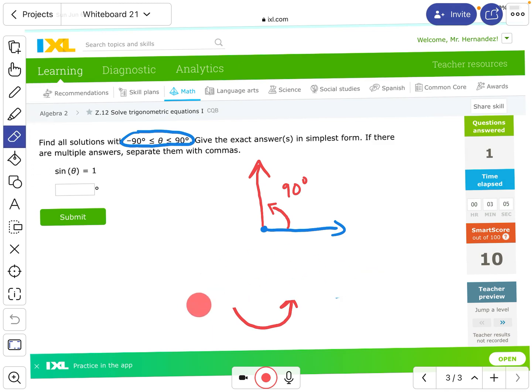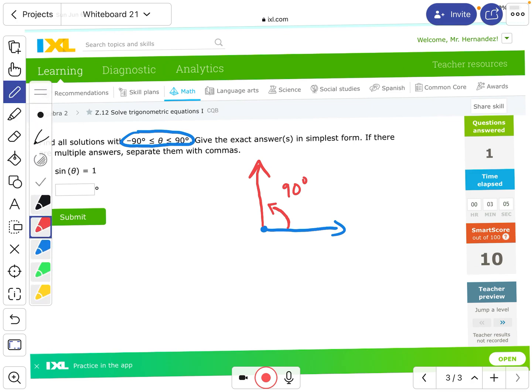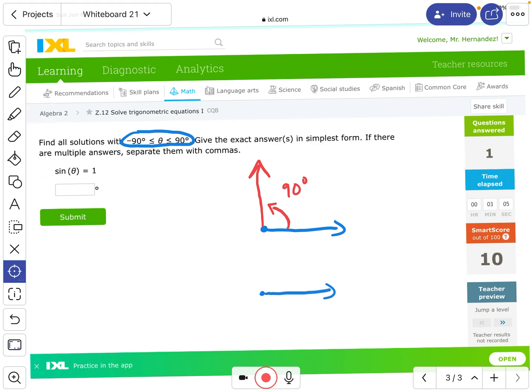But what is a negative degree? Because this one has a negative 90 degrees. So we're going to start with the same initial ray as the positive x-axis, and instead of opening up counterclockwise, we're going to open it up clockwise, and that's going to give us the negative degree. So negative 90 degrees opens up 90 degrees clockwise, and so this would be negative 90.